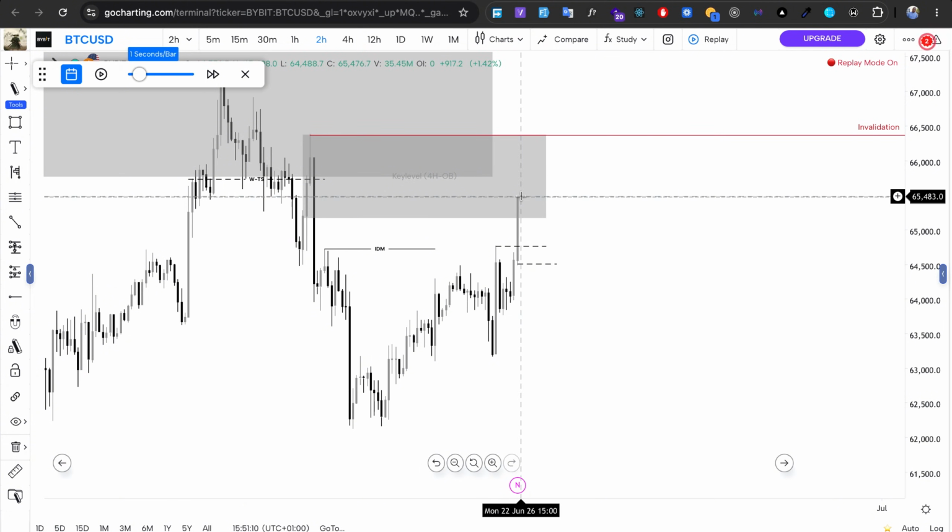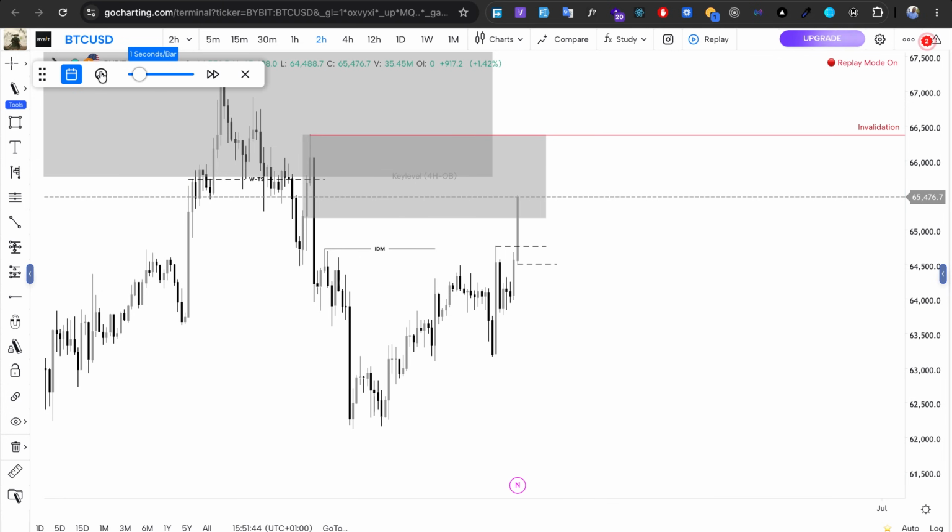I will be anticipating a change in market direction. That's CISD, change in state of delivery rather. What that means is I just want a bearish candle to engulf this particular candle that purged into the POI, right?